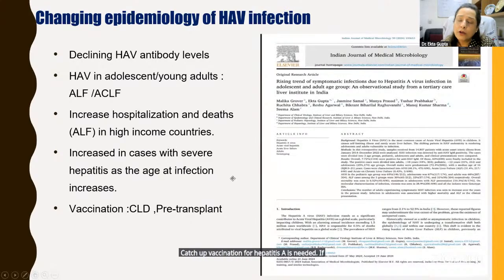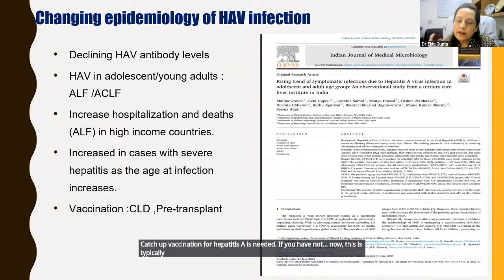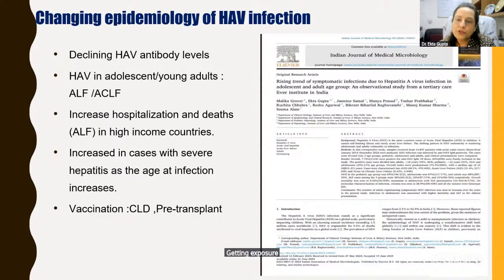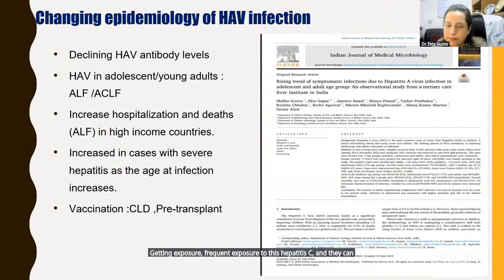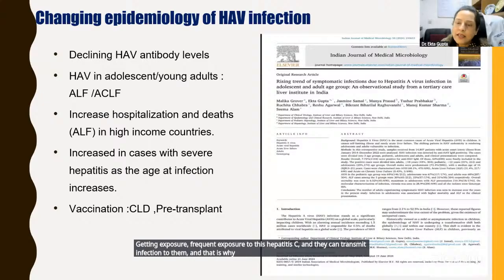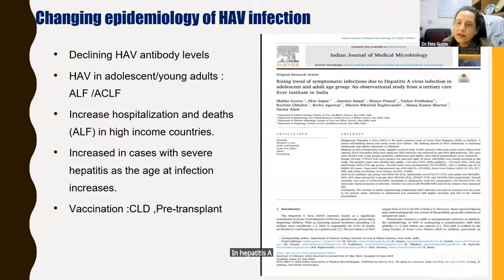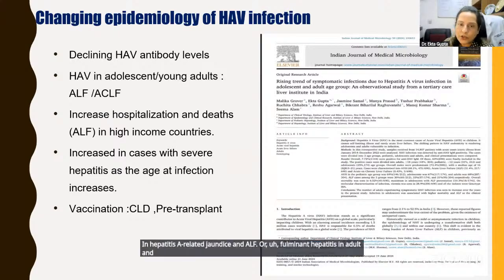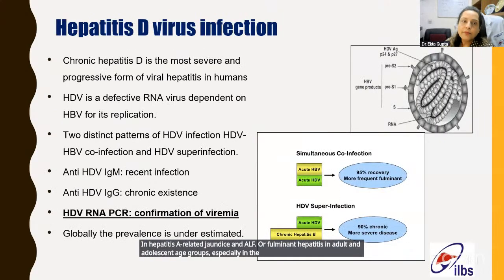This is typically because there are two types of population: one who are drinking very clean water, so no exposure, and those who are getting frequent exposure to hepatitis A, and they can transmit infection to them. And that is why we are seeing a sudden surge in hepatitis A related jaundice and ALF or fulminant hepatitis in adult and adolescent age groups, especially in the urban setup.